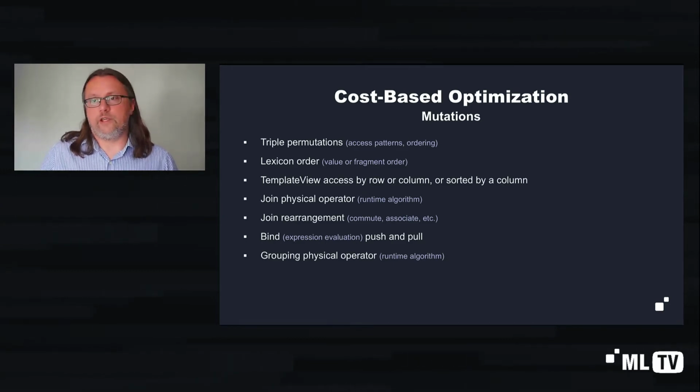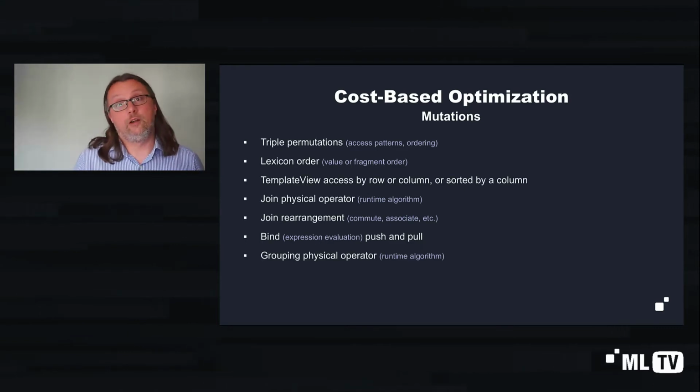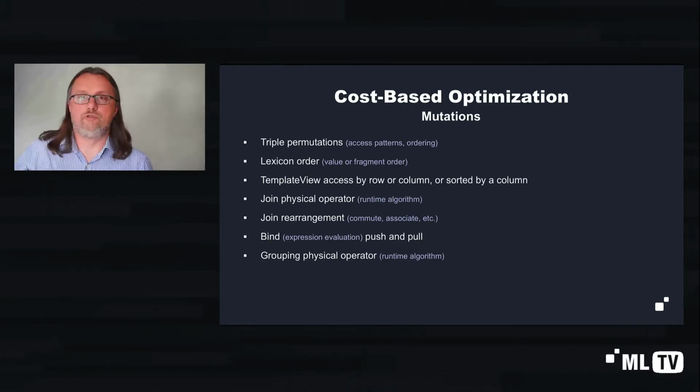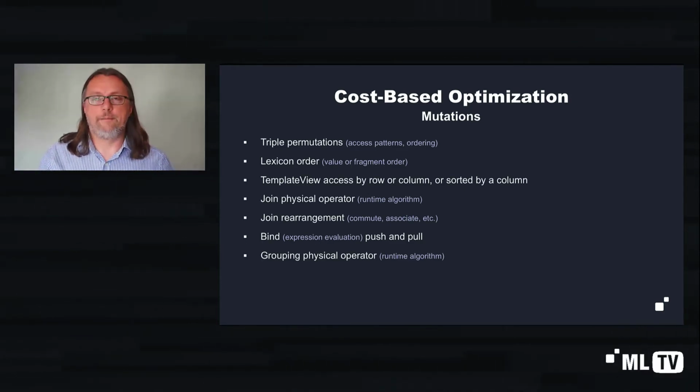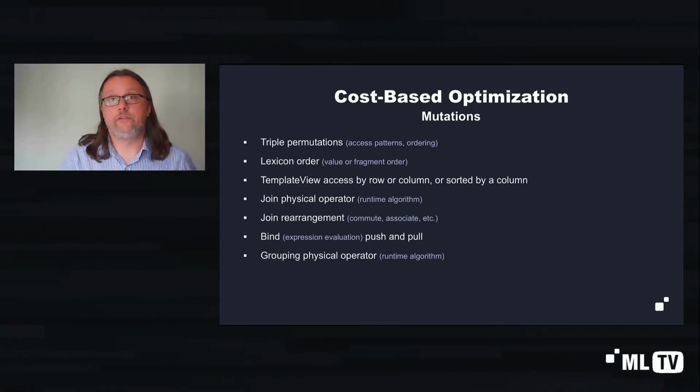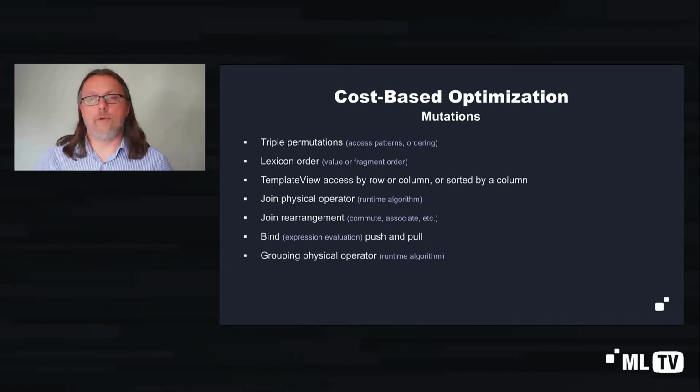And we can also choose to access tables sorted by a column as well, and indeed restricted by a column. If you look at the fifth part of this series, where we talk about triple index queries, we'll go into what that looks like and how that works.